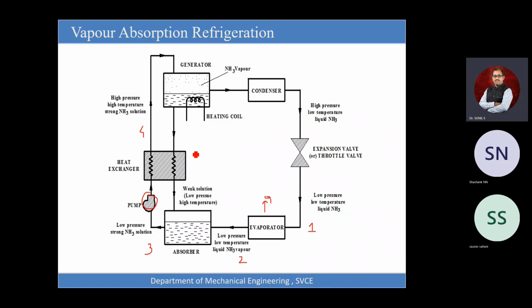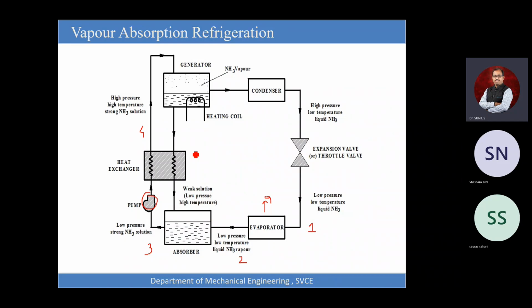Are you following? A heat exchanger is a device which will not allow two substances to mix, but it will transfer the heat between those two, right? So the excess heat of the back coming ammonia solution will be taken by this cold ammonia solution. It gets preheated and it will be stored in the generator. Is this clear? Any doubts?